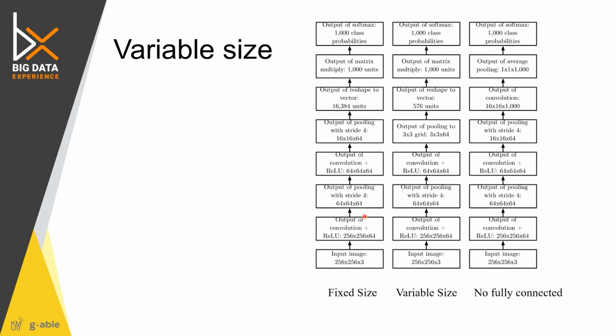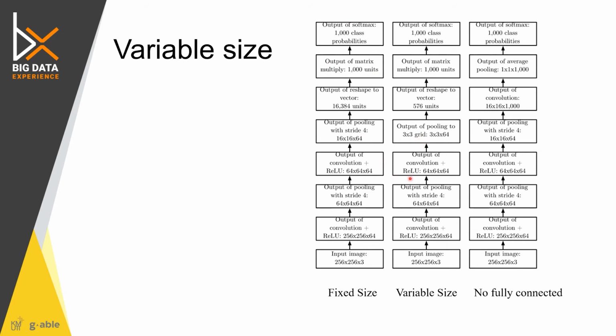Okay, the network can be designed so that it has a fixed size, like this one, where you have convolutional layer, pooling, convolutional, pooling, and then reshape into just a one-dimensional vector, and then perform fully connected to compute the class, right? Or you can have a variable size, you can see the difference here.